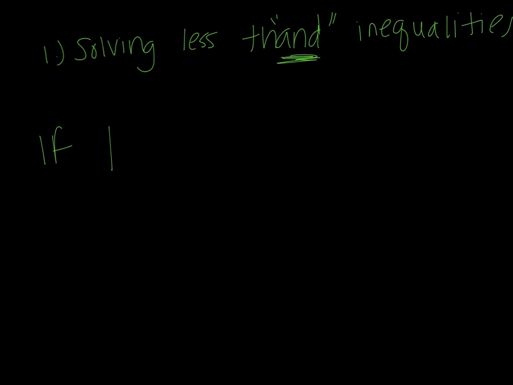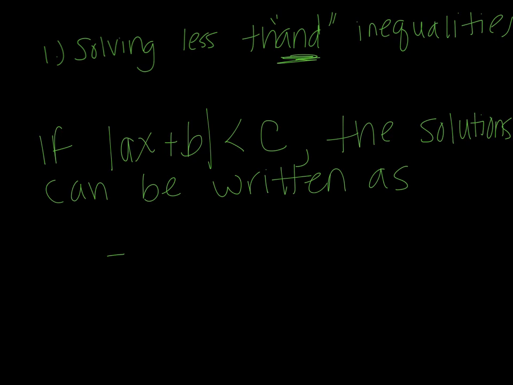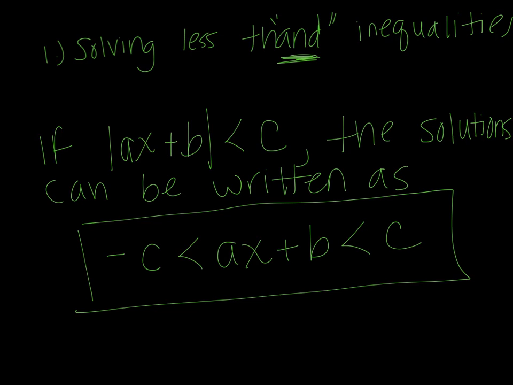If we have the absolute value of ax plus b is less than c, so if it's a less than symbol, the solutions can be written as negative c is less than whatever's inside the absolute value bars, which is less than c. So less than creates an and compound inequality.